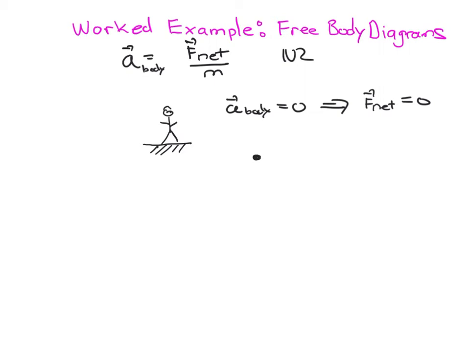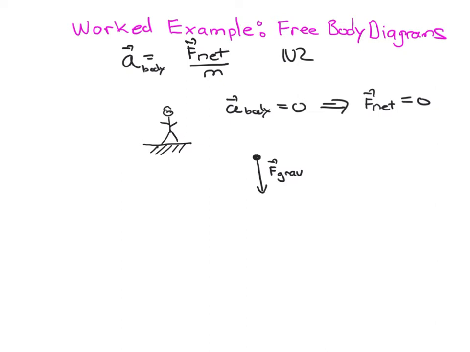In this particular situation, what are the forces? Well, there's of course the force of gravity, and that acts in the downward direction. So we'll draw an arrow that looks like this. And this is the force of gravity that acts on the body.